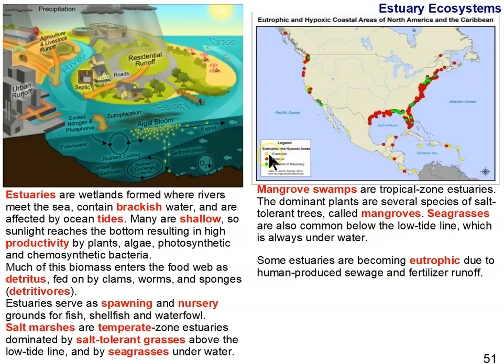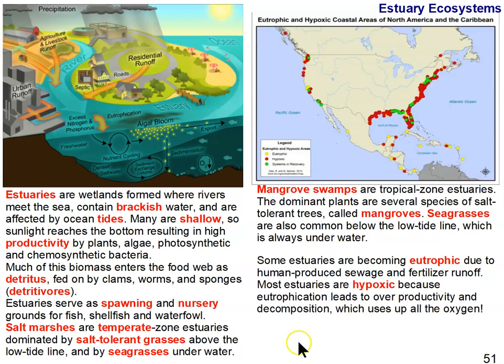And the hypoxia is related to eutrophication. You know, that's the oxygen that is being used up by decomposers. So we see the same thing happening in all these estuaries that we see in freshwater lakes. So according to this map, most estuaries are hypoxic because of eutrophication.